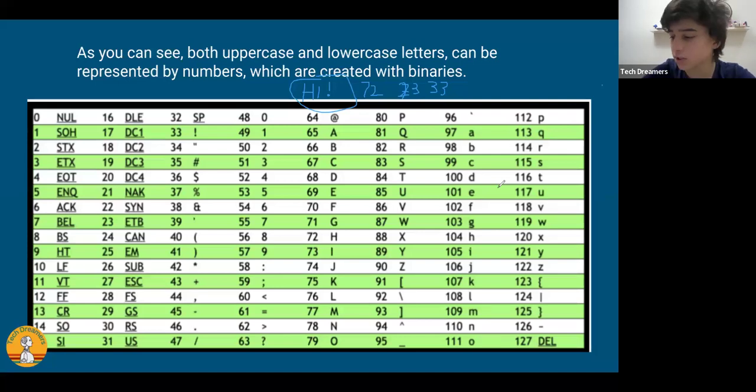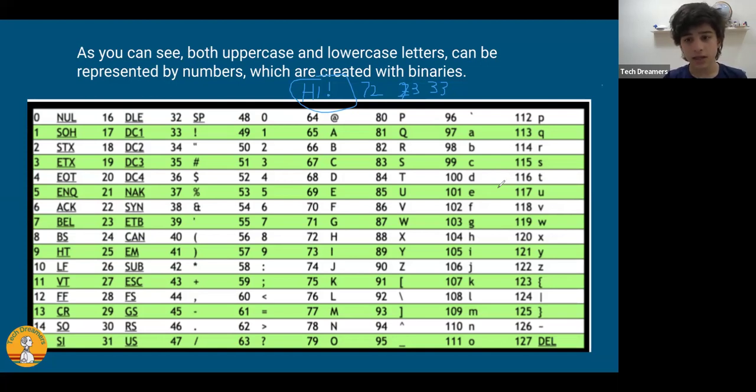So this chart is called the ASCII values, which means that it is a set of values that everyone has agreed on. All coders, all programmers, if you want to be able to integrate your code and your program into something else, you need to agree on a value for binaries.